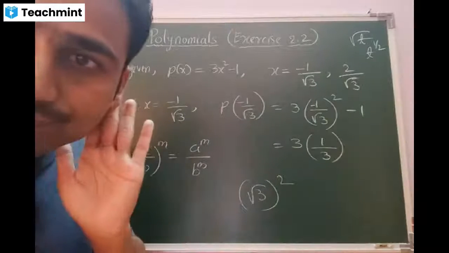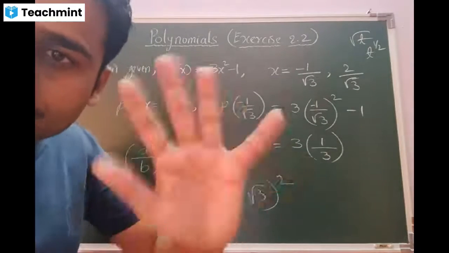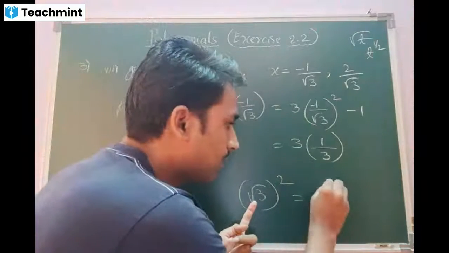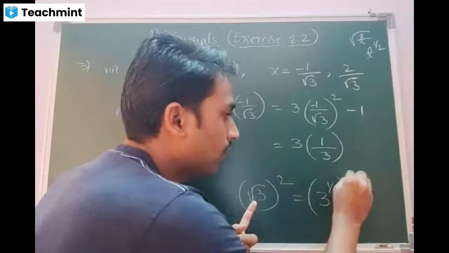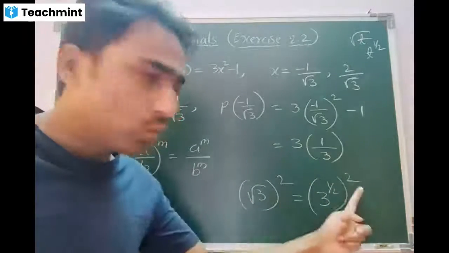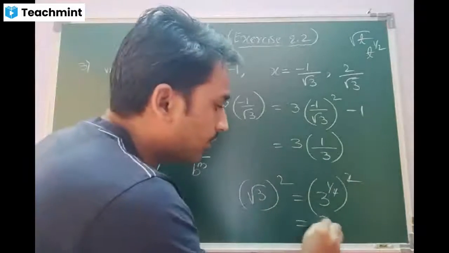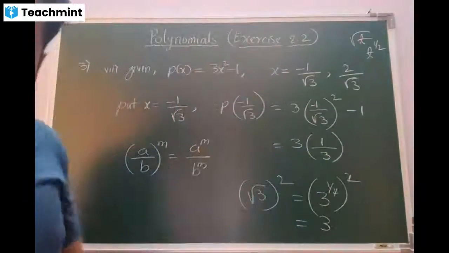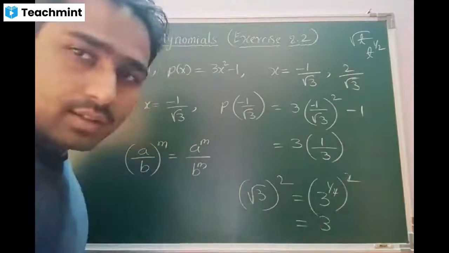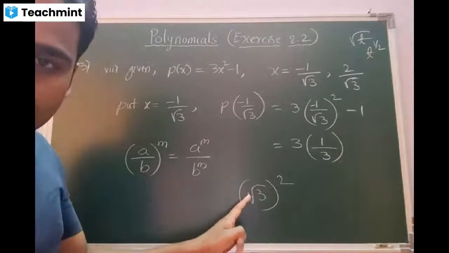Correct, beta? In the same manner, this root 3 can be written as 3 to the power half whole raised to 2, beta. I repeat, 3 to the half whole raised to 2. Now you can see this 2 will be cancelled. Finally, 3 will be the answer. Got it? This is the actual reason. In simple words, you have to remember 2 is going to get cancelled with the root sign. Okay, beta?